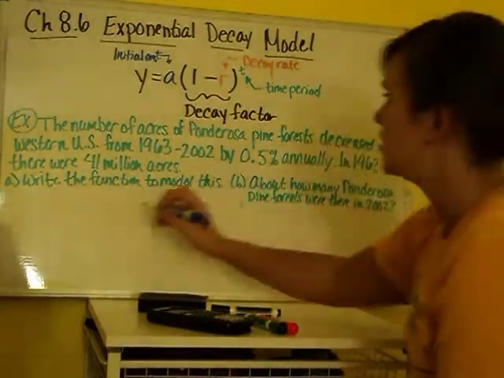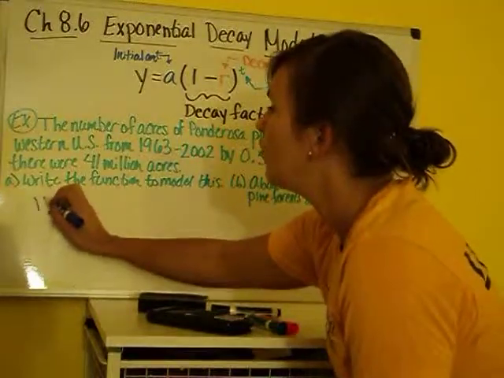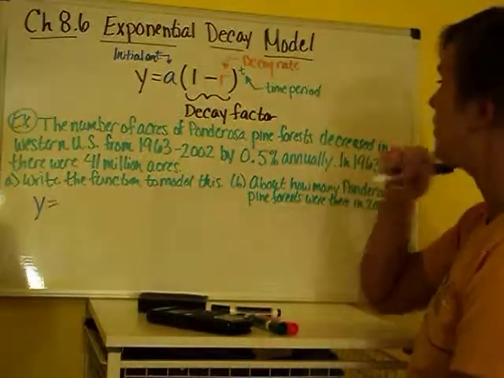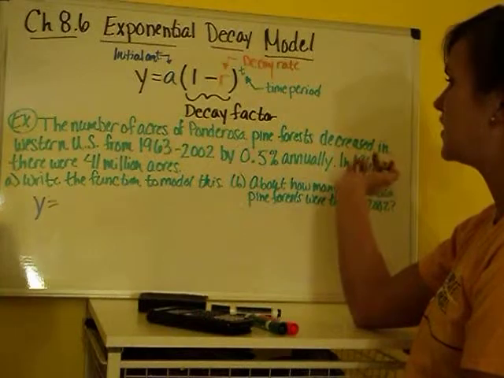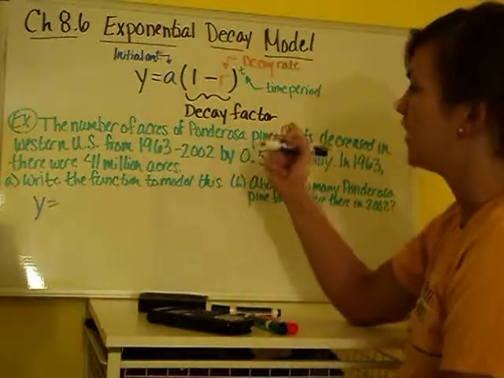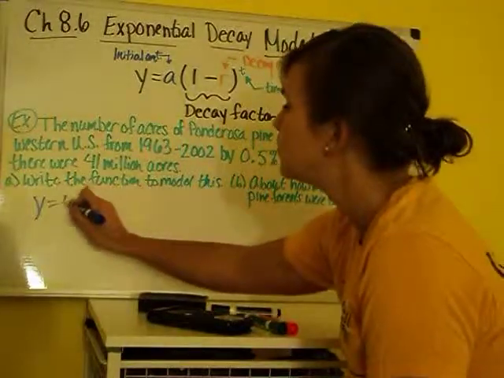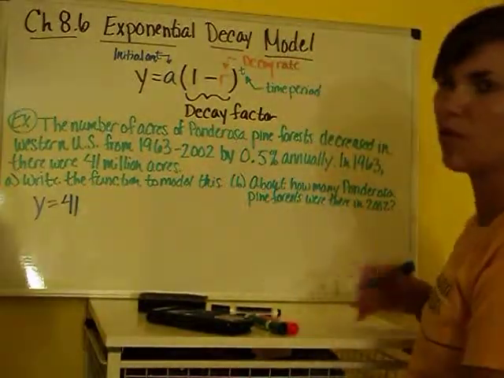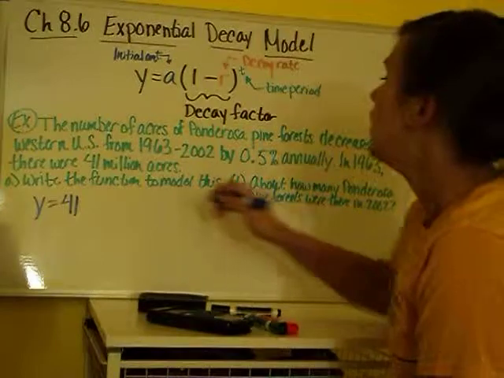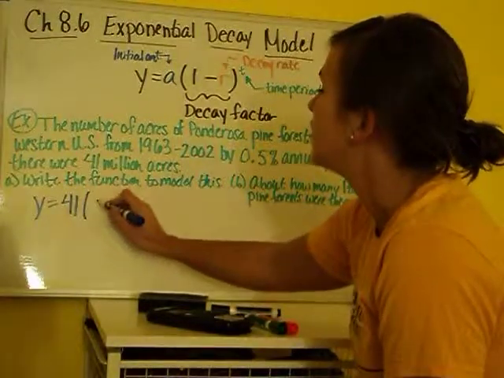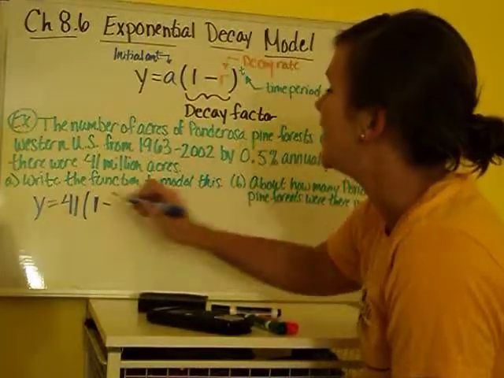Okay. So, here we have y equals our initial amount, which is in 1963. There were 41 million acres. Okay, so instead of writing 41 million, we'll just use 41, and then our answer will be given in millions. So we're going to have 41 times 1 minus.